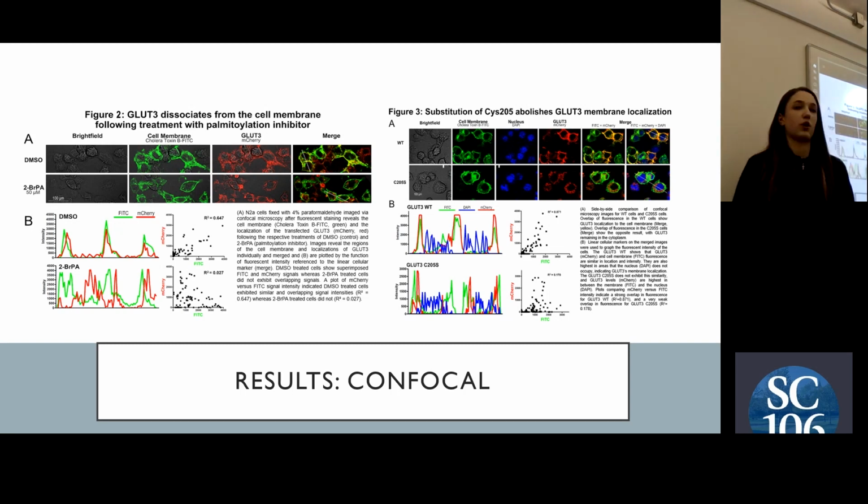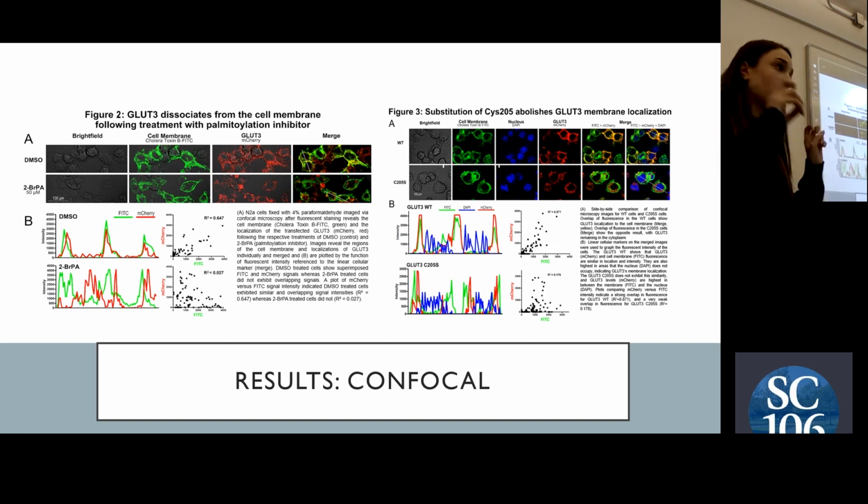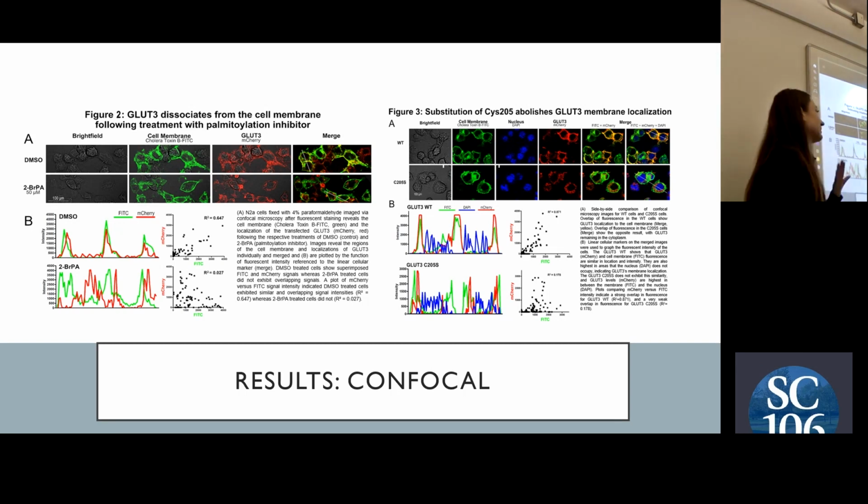This is supposed to be our neuronal cells in their normal resting states, and we can see that in these resting states there's a superimposed image of the red and green, the GLUT in the membrane. That's what we believed. Then when we put in the palmitoylation inhibitor, 2-bromopalmitate, we saw a shift of the GLUTs away from the membrane, which we believe to be inside the cytoplasm, indicating that maybe palmitoylation is really important for plasma membrane localization.